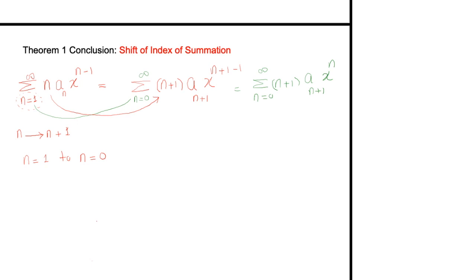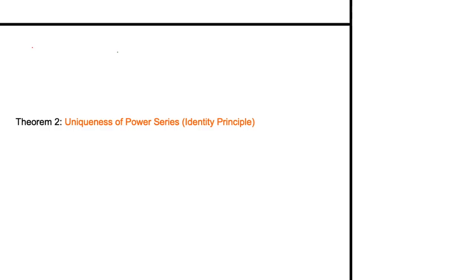This procedure is valid because each infinite series is simply a compact notation of a single series. More generally, we can shift the index of summation by k.